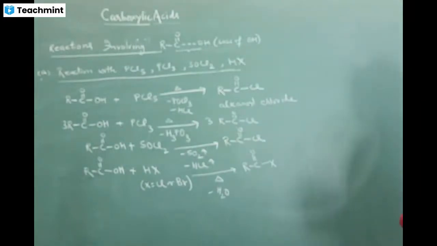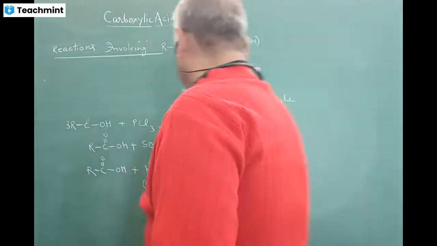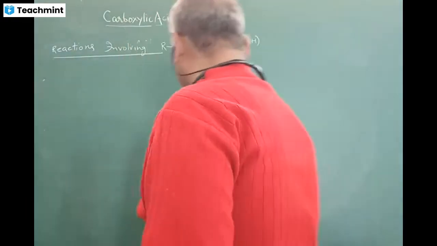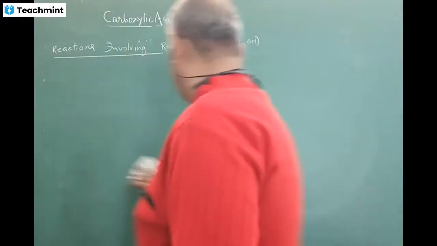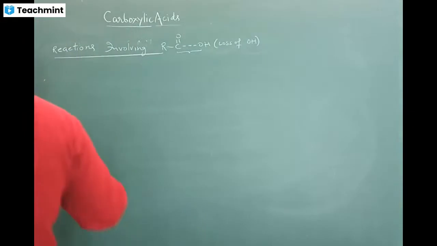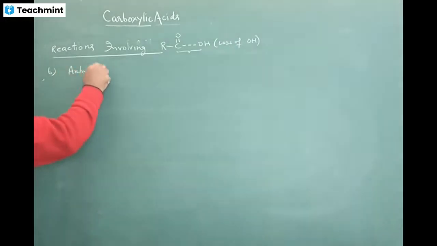Okay. Now the second type of reaction, number B, is anhydride formation.